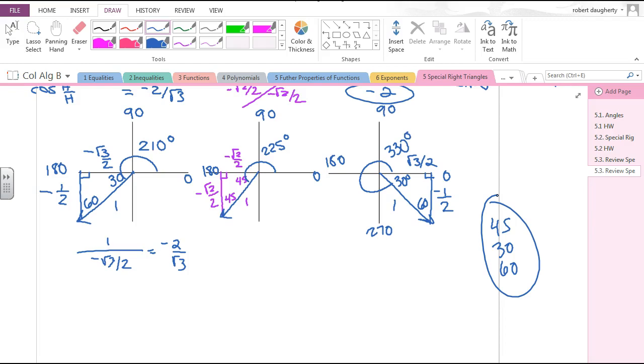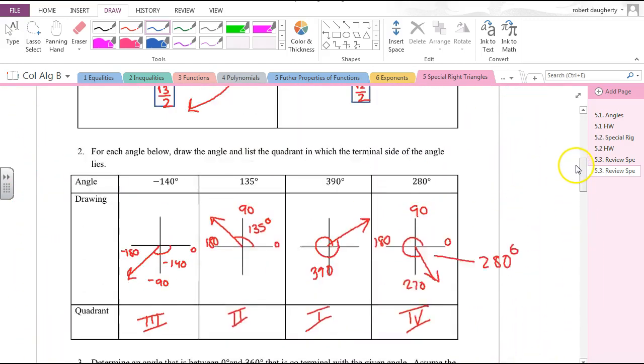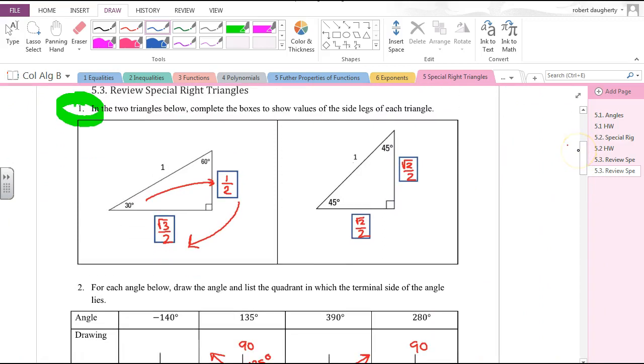And that's why it's very crucial that up front, you know how to write the 30, 60, and the 45 triangles, okay? Not only do you know how to write them, but depending on where they occur. So if it occurs over in this quadrant, that is a negative X direction and a negative Y direction. If it occurs in this quadrant, that's a positive X and a negative Y direction. So be sure you get the plus or minus signs correct in labeling these.